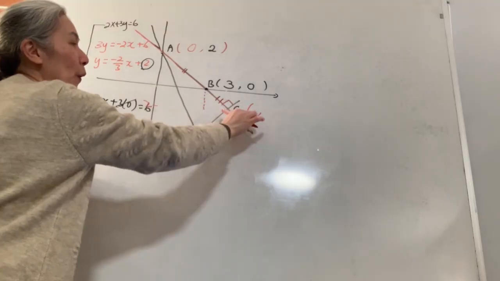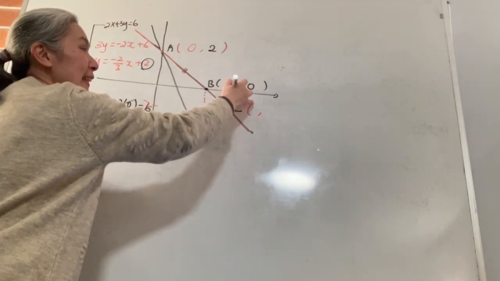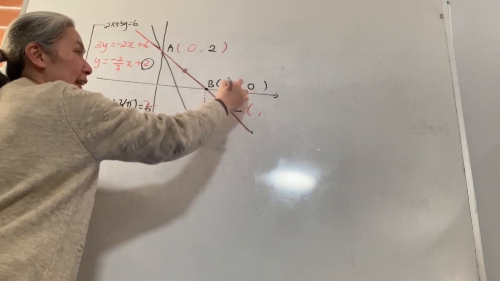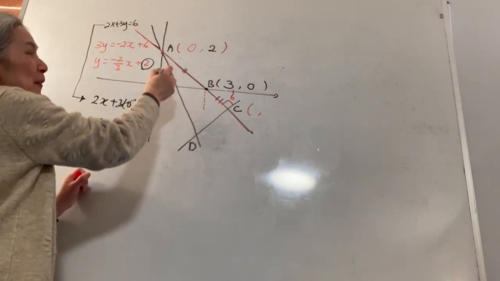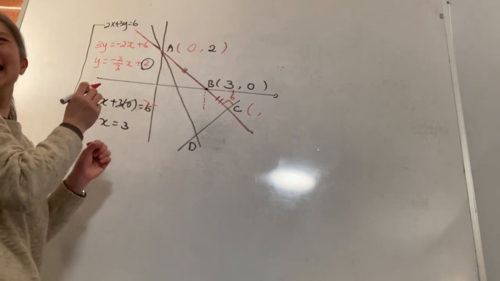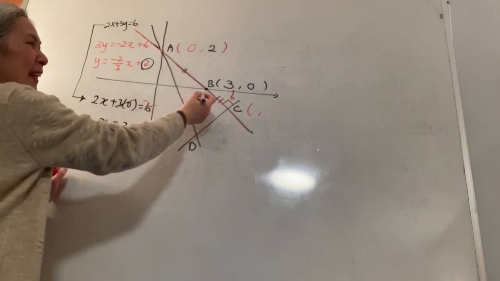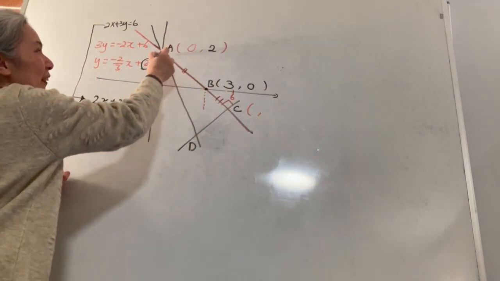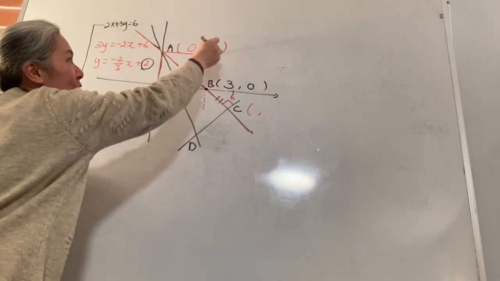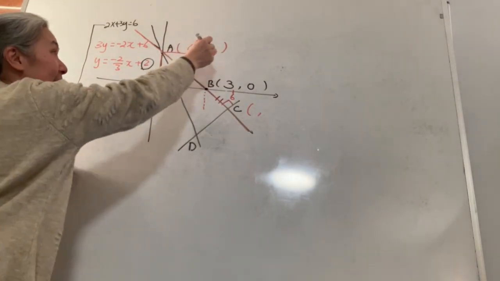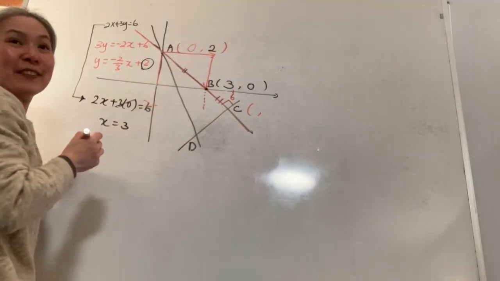You go across by 3, you are going to be at minus 3, minus 2. Should I go across first? I need to go across by 3, go down by 2.